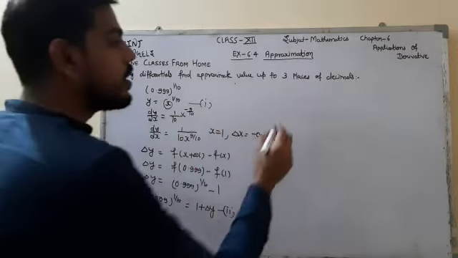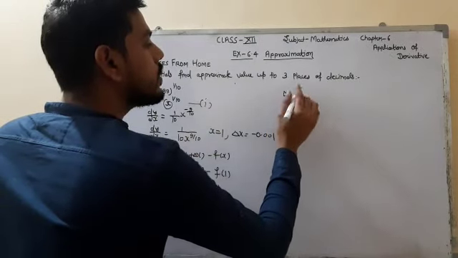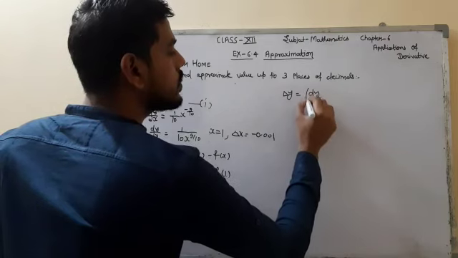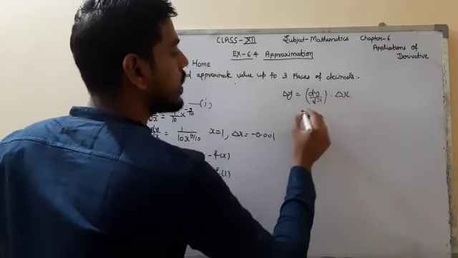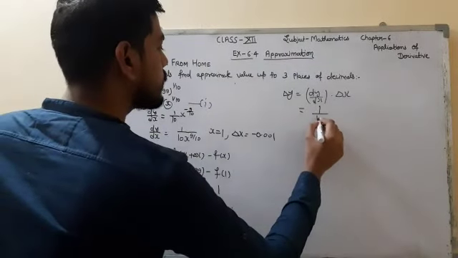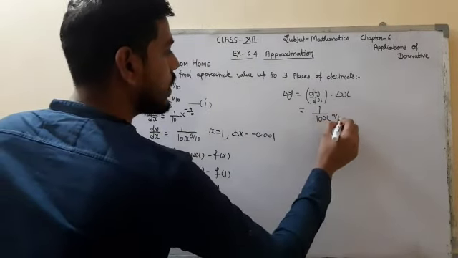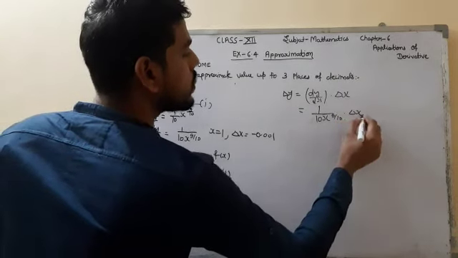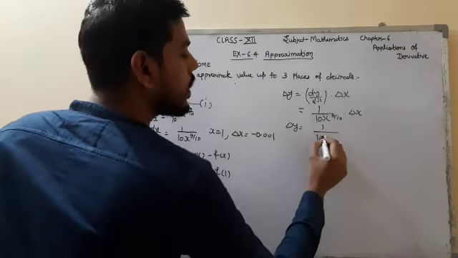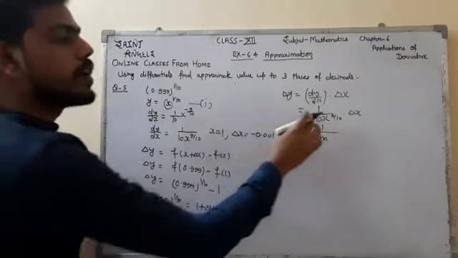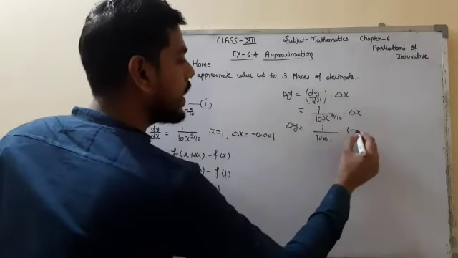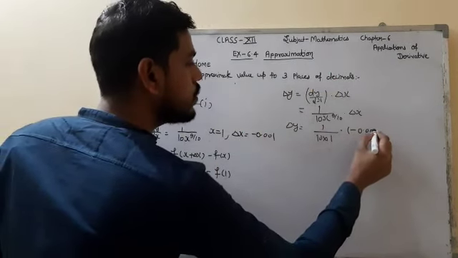Now we know that delta y equals dy upon dx into delta x. So the value of dy over dx is 1 upon 10 x raised to minus 9 by 10, into delta x. Now put in the values. 1 upon 10, x is 1, and 1 to the power of anything is always 1, into delta x which is minus 0.001.